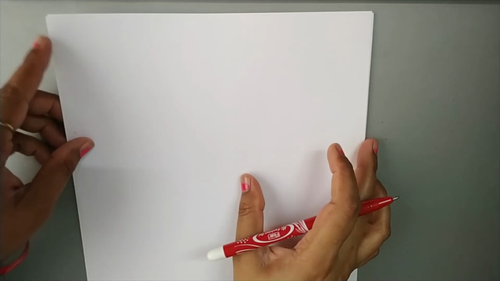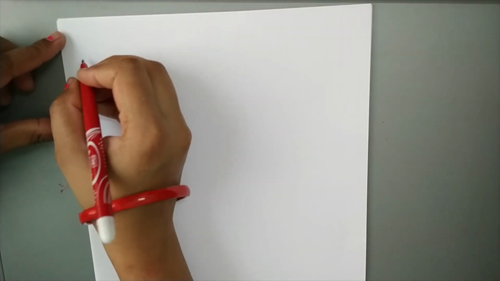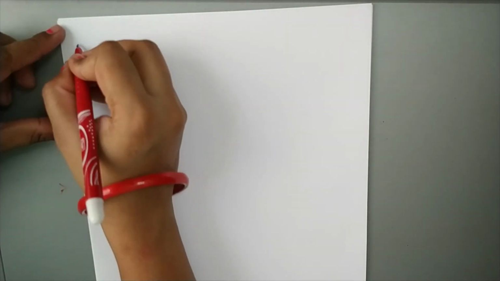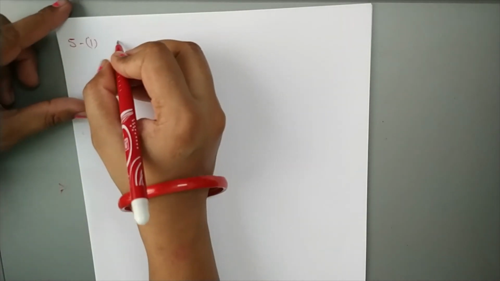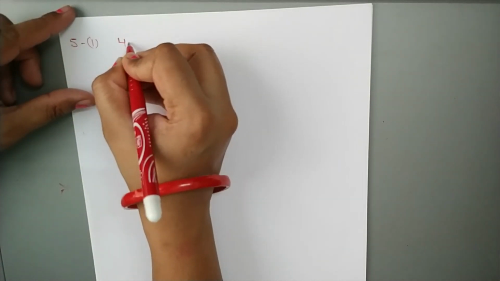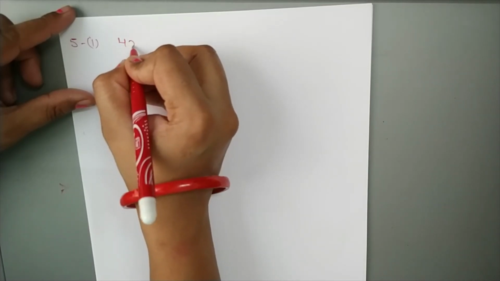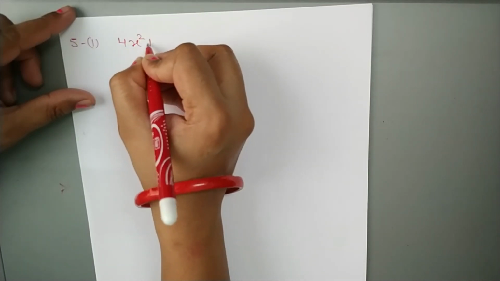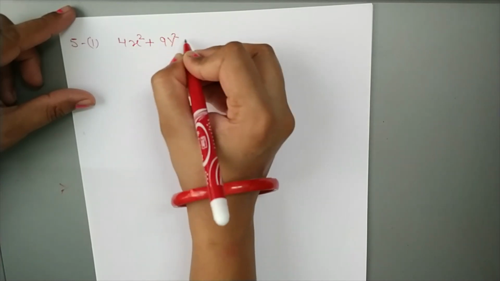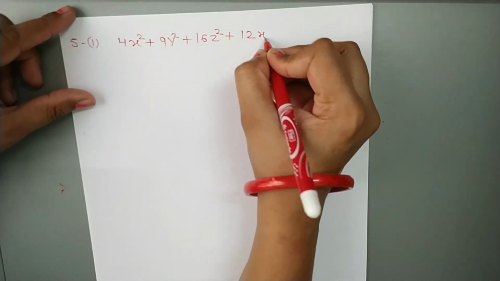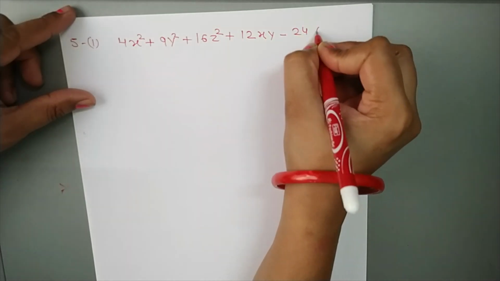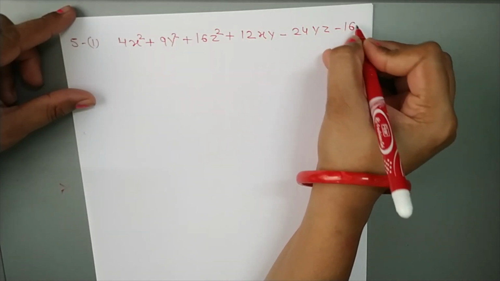So question number 5, factorize the given polynomial: 4x square plus 9y square plus 16z square plus 12xy minus 24yz minus 16xz.